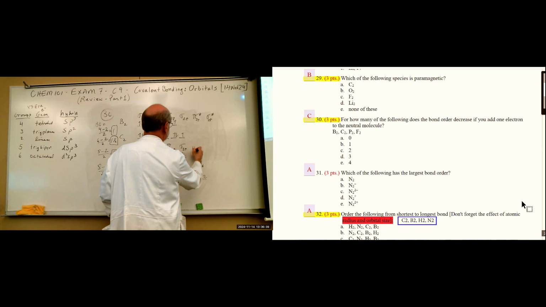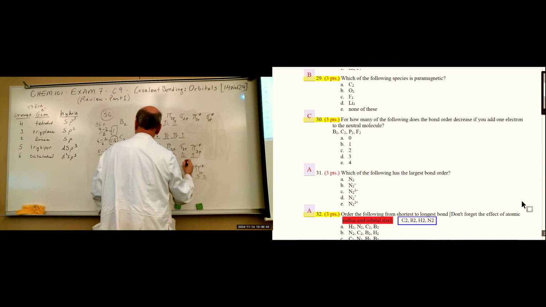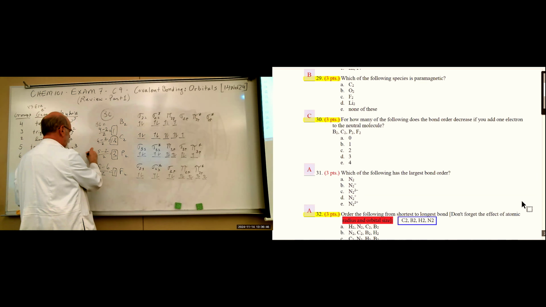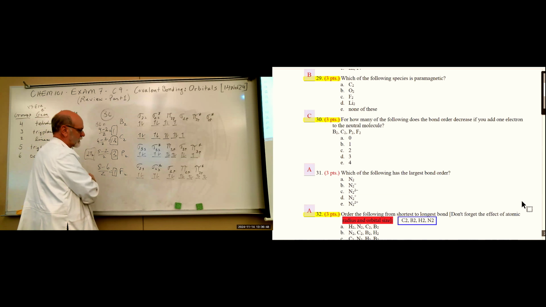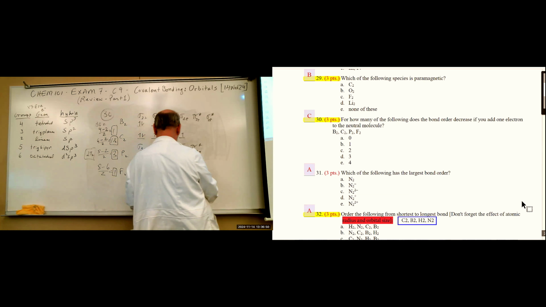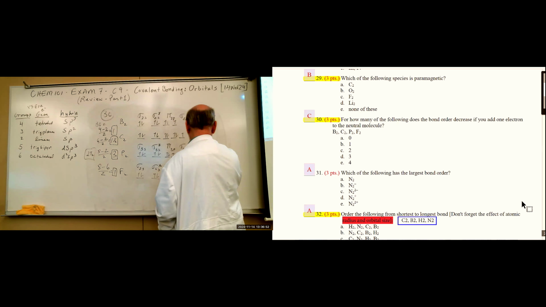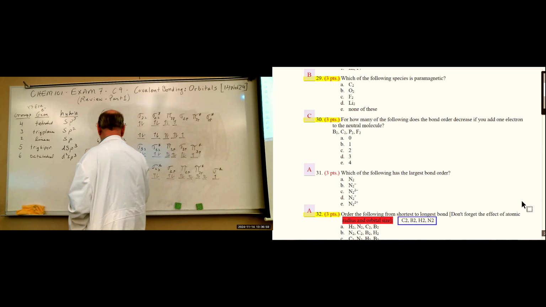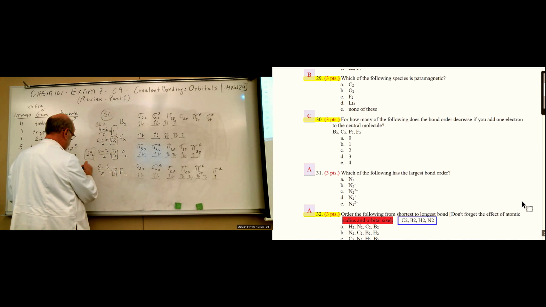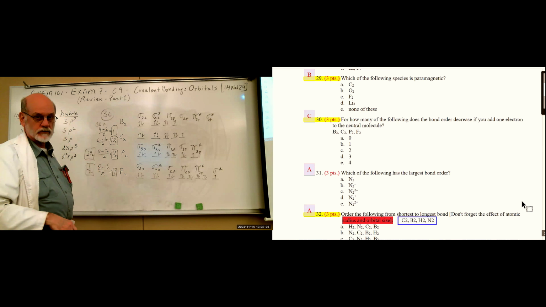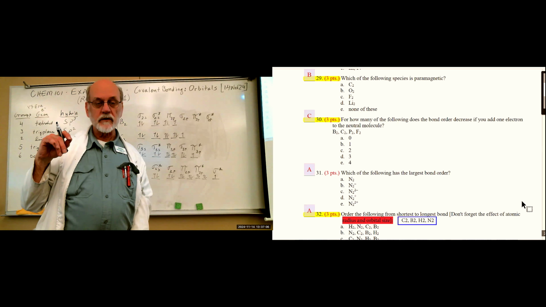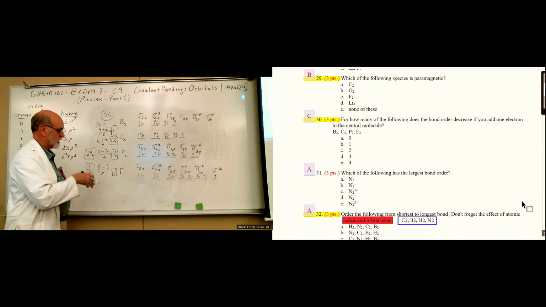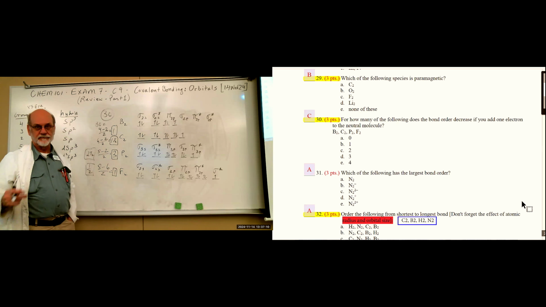If we put one here, yep, that'll decrease to 2.5. And if we put one here, we're out to 5 star. Well, that will decrease also. And make it 1/2. All right, so 2 of them will experience a decrease in bond order if we add an electron.